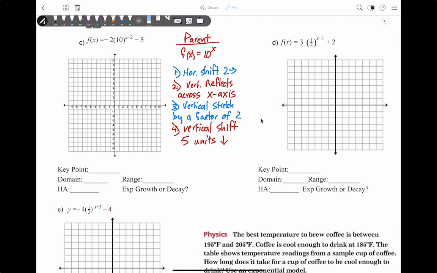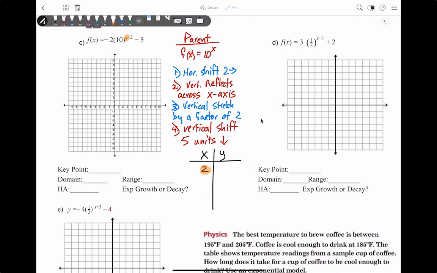All right. So our key point, what would make our power equal 0? Right now our power is x minus 2, and obviously x equals 2 would make that a power of 0. So let me go ahead and build our table, starting at 2, because that's the x value that would make the power 0.